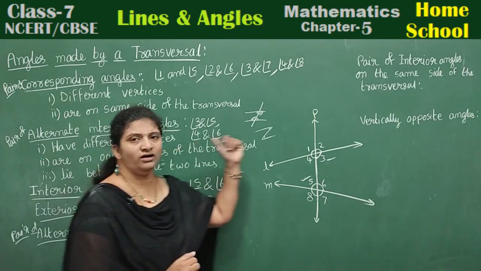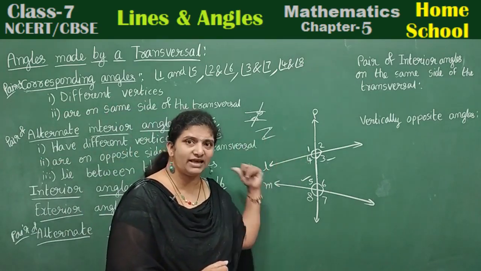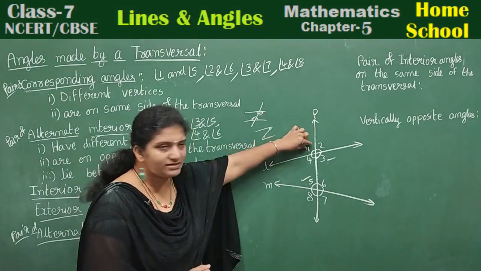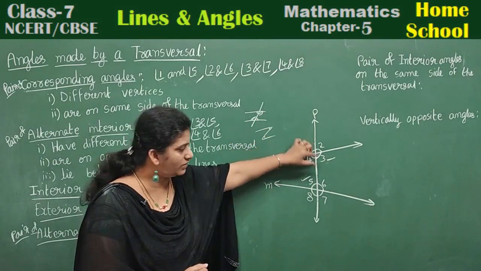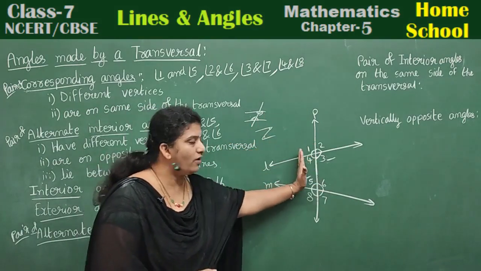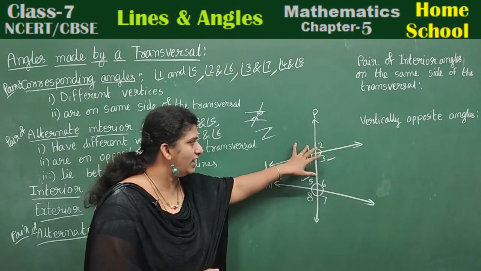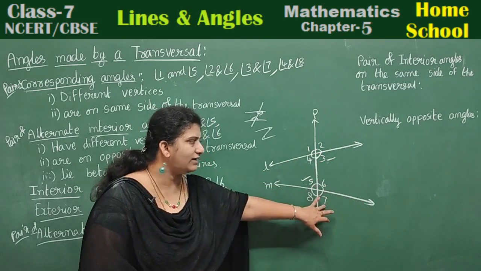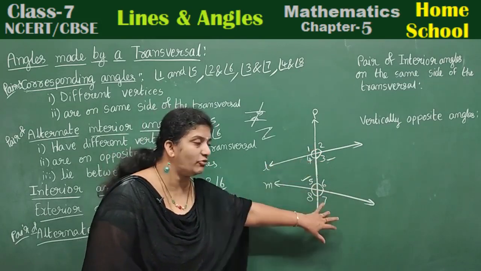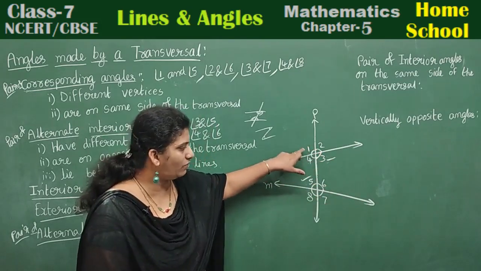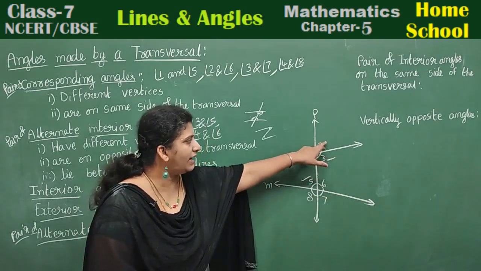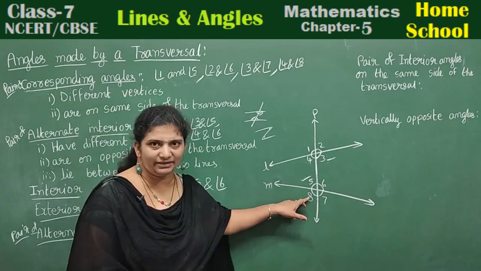So what are the pair of alternate exterior angles? If I consider angle 1, another vertex here, opposite side of the transversal, angle 1, angle 7. Exterior I am talking, outside. Angle 1, angle 7. Angle 2, angle 8.